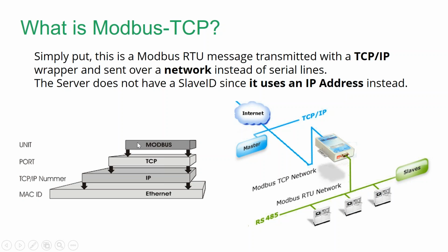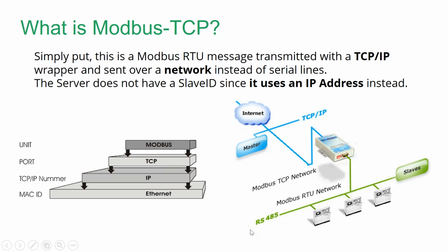It's like Modbus RTU, but put into a TCP/IP model and then sent over Ethernet. Think that your buildings already have this Ethernet wiring. So if you can use it to communicate with your meters, you will save time and money, because you will not have to put that wire over the walls, okay?